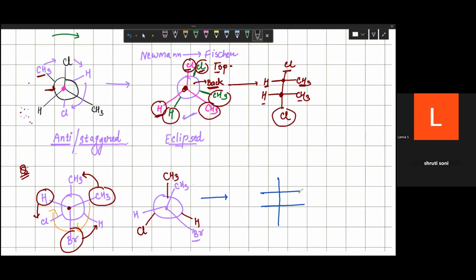So do we understand this structure or not? That is the important thing for us. We can represent whether the upper eclipsed form is okay or not. The upper eclipsed one, do you understand that?